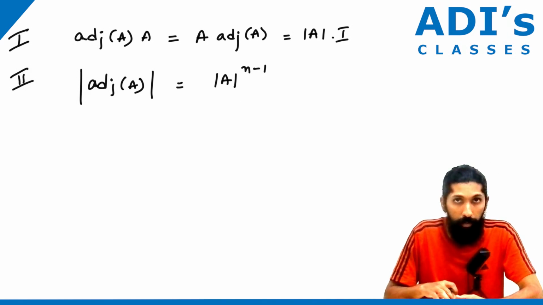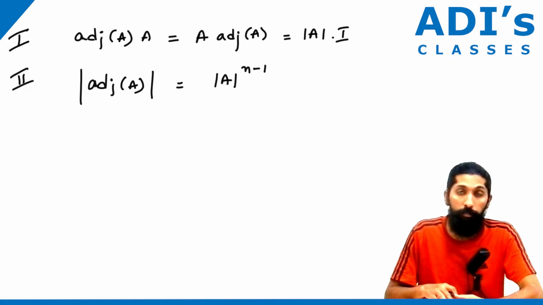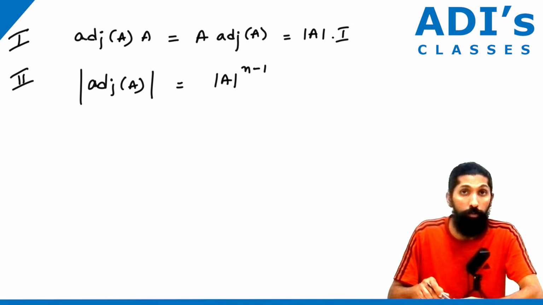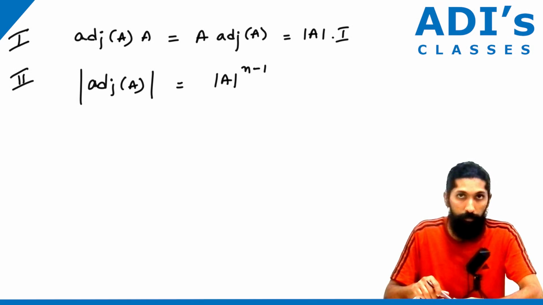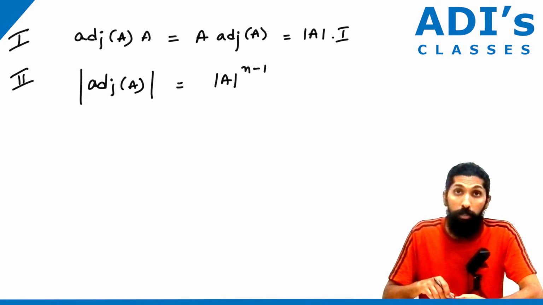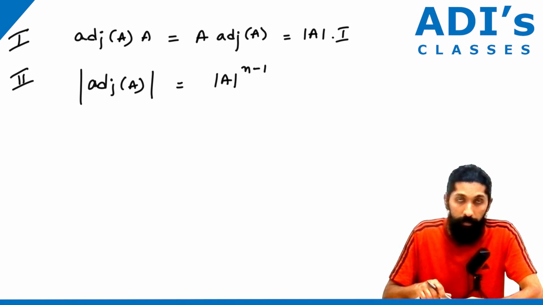Here n is the order of the matrix. Suppose you take 3 cross 3, then n becomes 3. If you take 2 cross 2, n becomes 2. So these are 2 important properties of adjoint of a matrix.